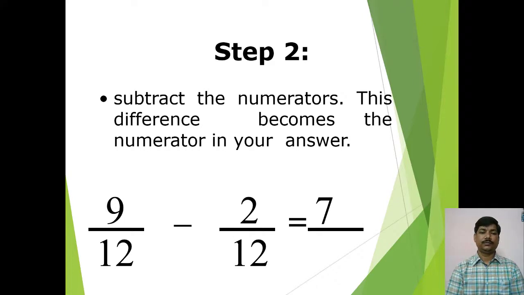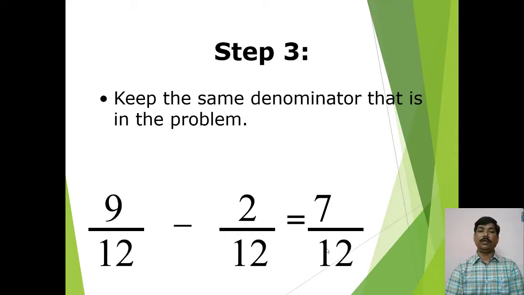Subtract 2 from 9. 9 minus 2 is equal to 7. The 7 will be the numerator of the resulting fraction. What about the denominator of the resulting fraction? The denominator will stay the same. Keep the same denominator that is in the problem.